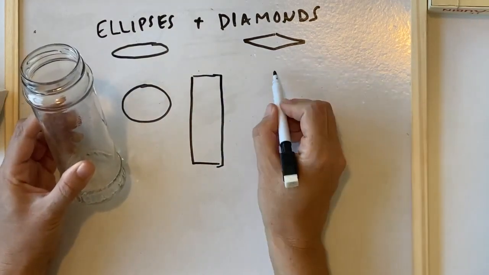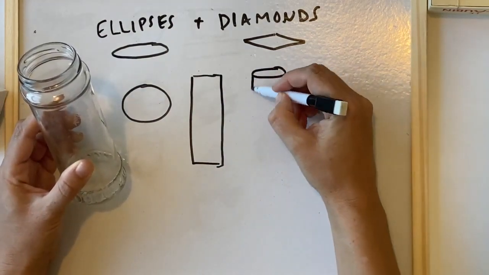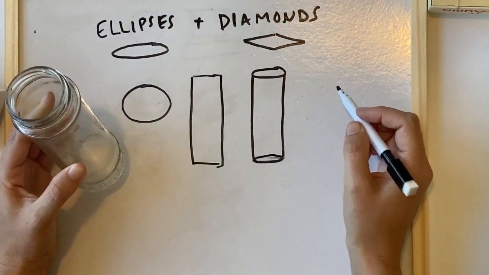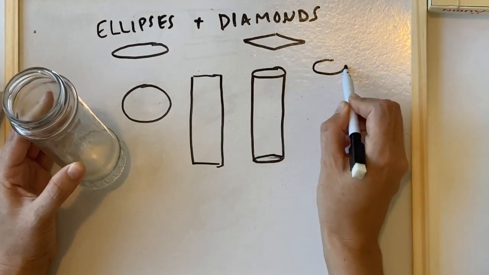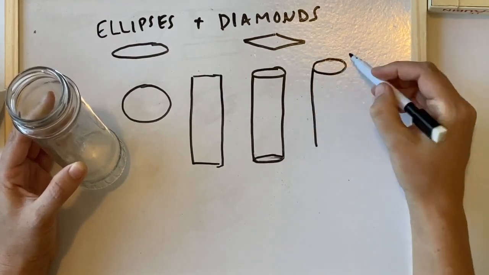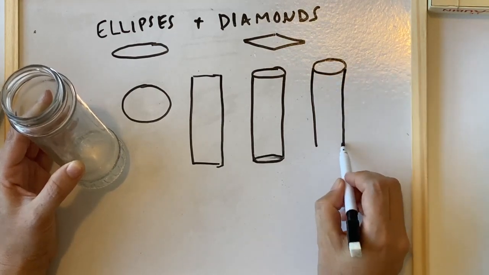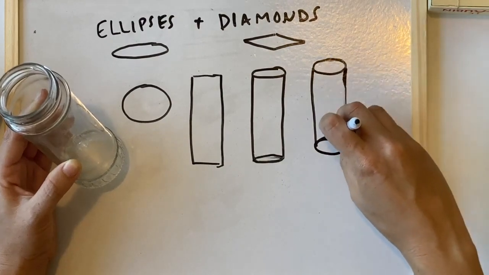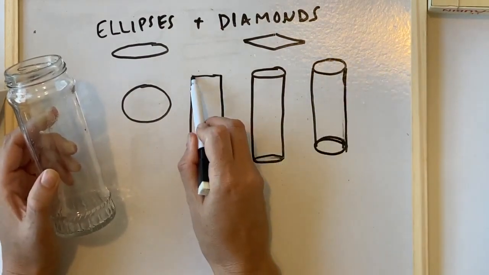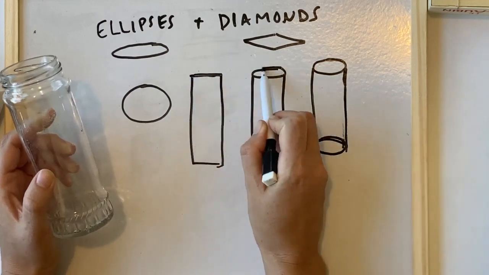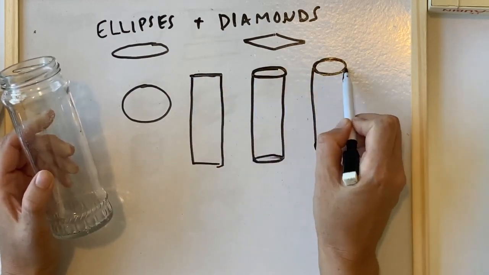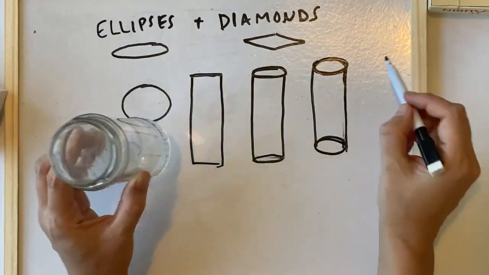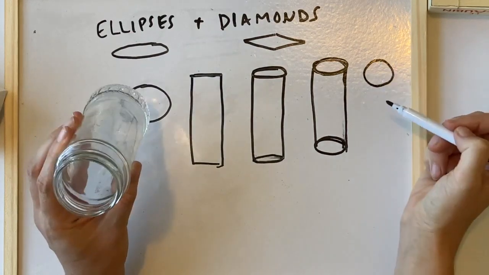Then if I go like that, it's got an ellipse at the top and an ellipse at the bottom. If you put it more at an angle, then the ellipse is a little bigger, like this. So see how it changes from a straight line to a very smushed ellipse to a less smushed ellipse. And then if you look at it directly like this, then the whole jar just looks like a circle.